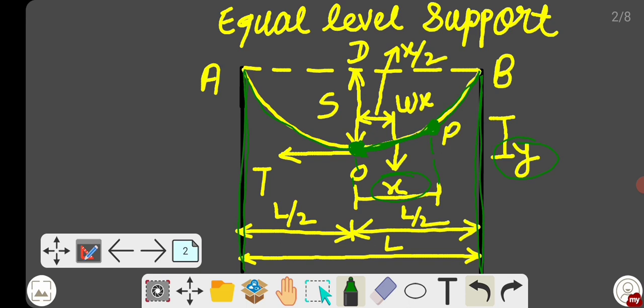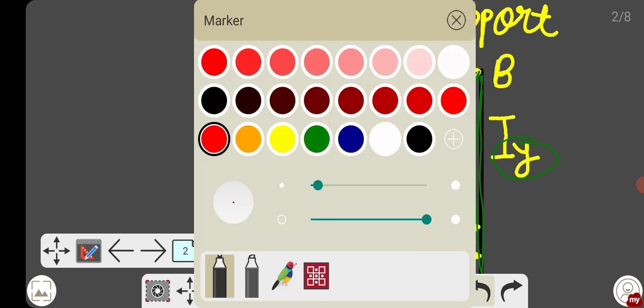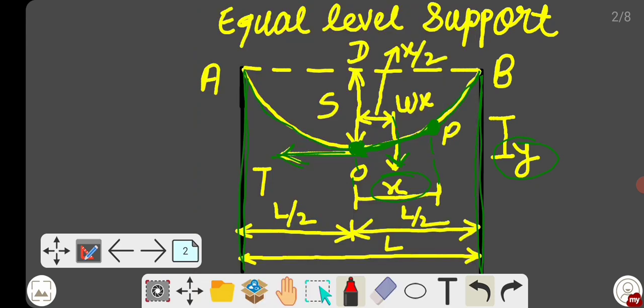Now for the calculation of sag, we have to calculate the total moment at point P. First of all, we have to calculate the moment due to tension T and the moment due to weight.